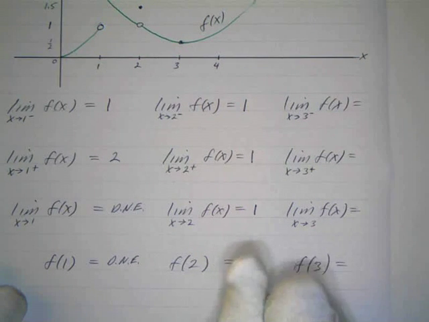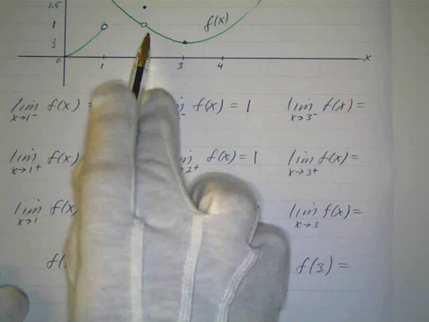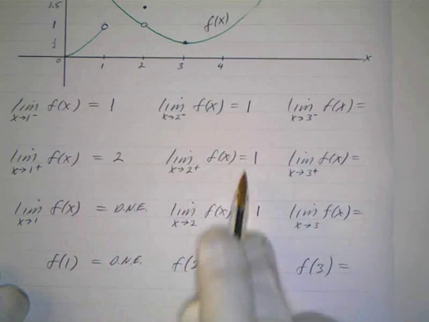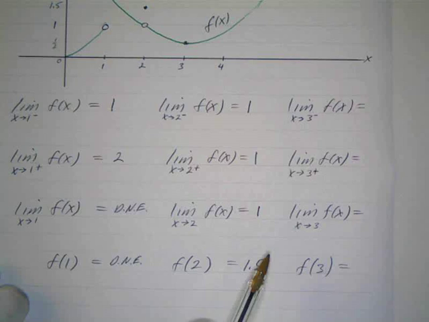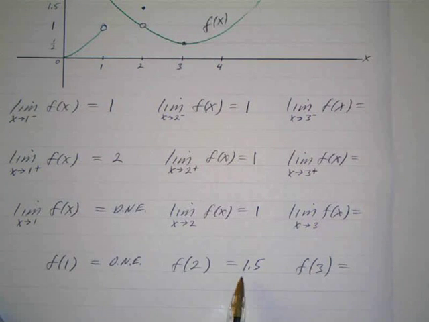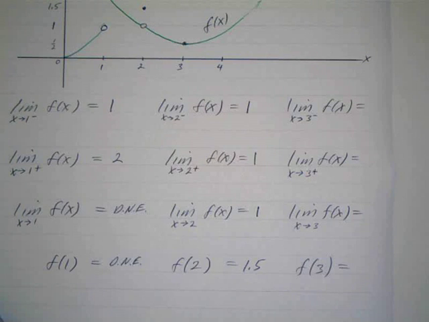In this case, it would be 1.5. So the left limit and the right limit exist. They're the same, so the limit exists at 2 without the plus or minus signs. But the value of the function doesn't have to be the limit. In this case, it's 1.5. Here f of 1 didn't exist, but the limit didn't exist either.